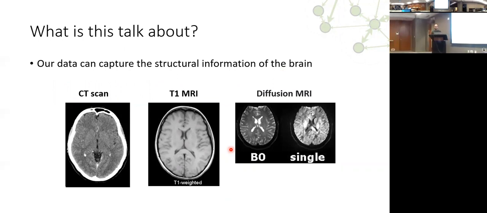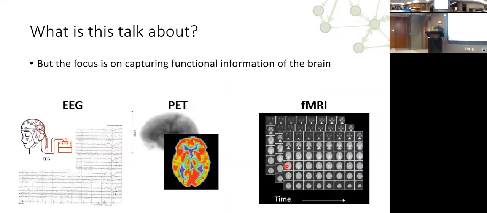One of them is we say we are measuring the structure properties of the brain, and we can use many modalities, many types of scanners to do that. For example, we can use CT scan, we can use MRI machines, and then using different modalities of MRI, we can capture different aspects of that structure, or we can measure a function of the brain, right?